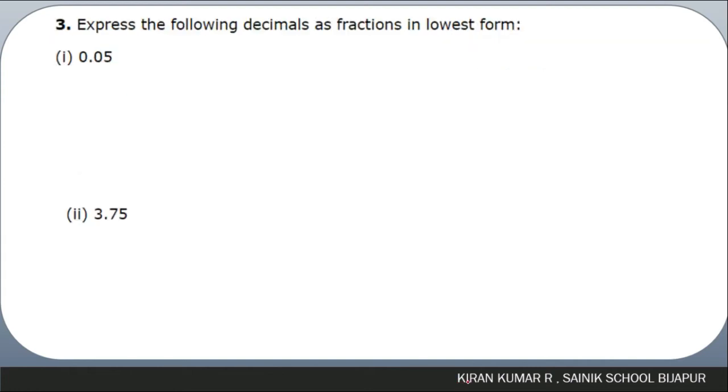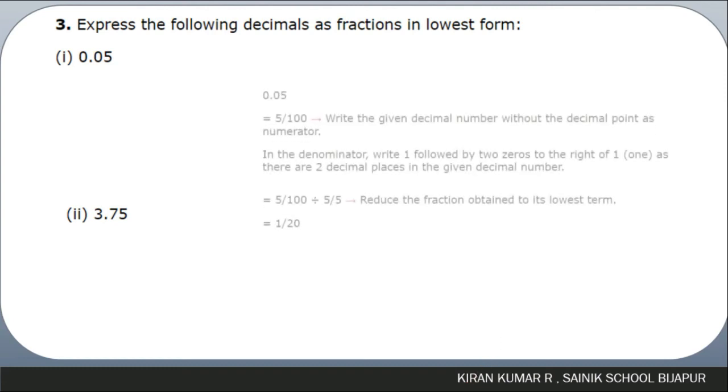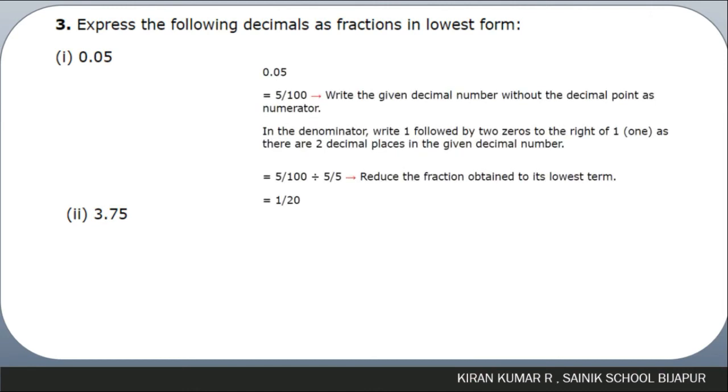Let's see one more example. Express the following into fractions and write them in the simplest form, or the lowest form. For the first one, we can write 5 by 100 because there are 2 decimal places here. So 5 by 100, both the numerator and the denominator are divisible by 5.